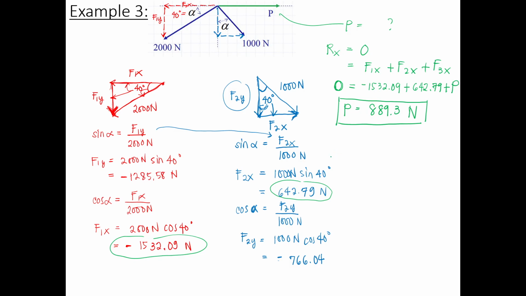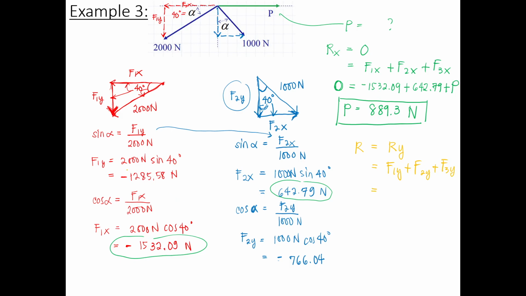Since the problem is asking for the value of the resultant force, as I wrote earlier, let's use the orange. Your resultant force is just equivalent to your vertical force. Since our vertical force is going down, we might as well add up all the vertical components. So this is F1y plus F2y plus F3y.